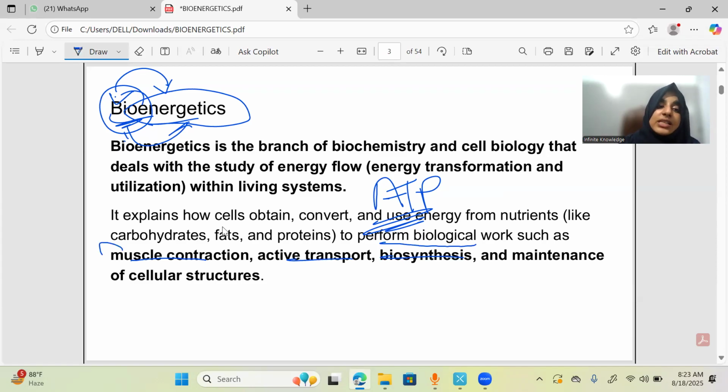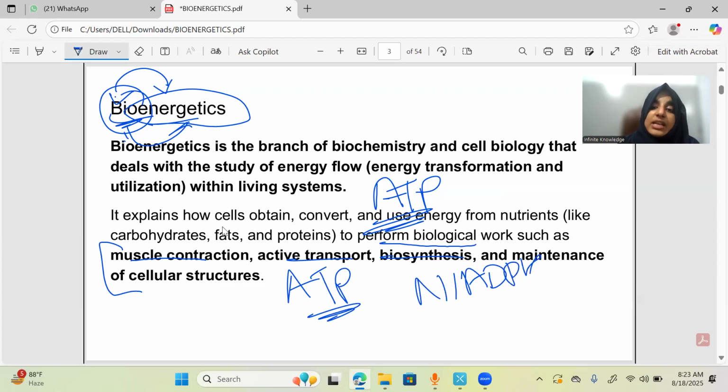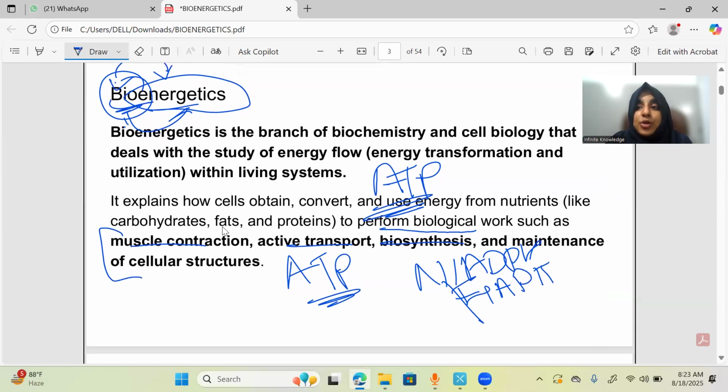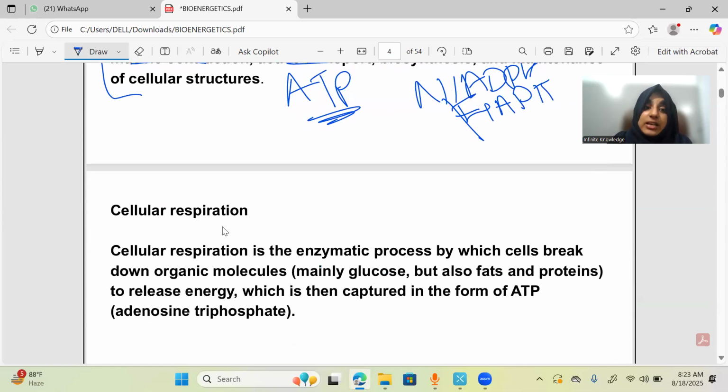For all of these things, we need adenosine triphosphate. We need energy carrier molecules like NADH, FADH, and ATP. We need all of these, and these are produced via bioenergetics.